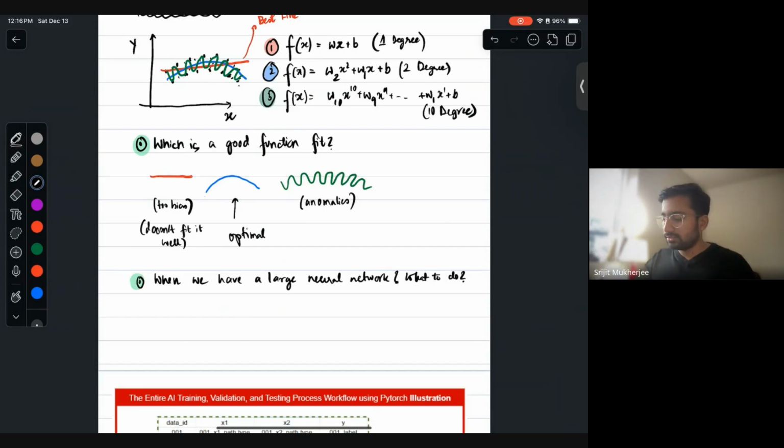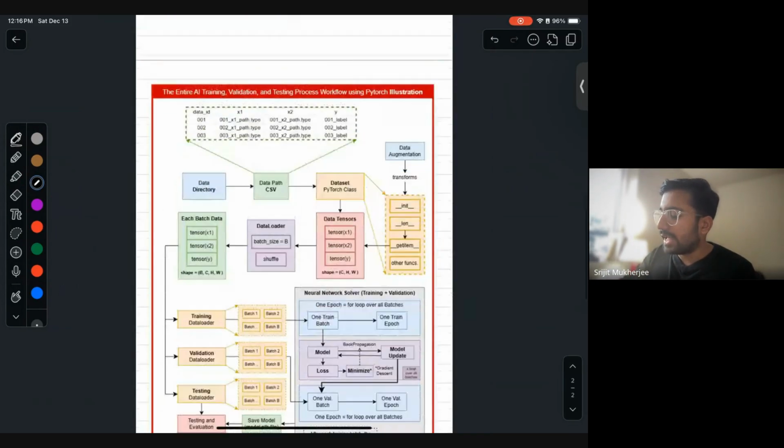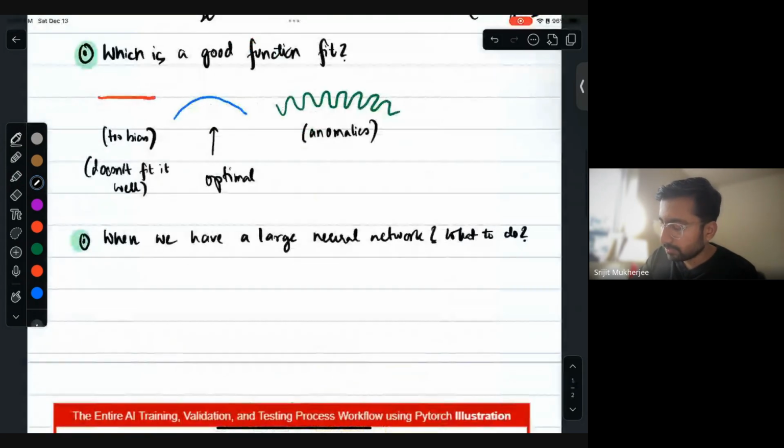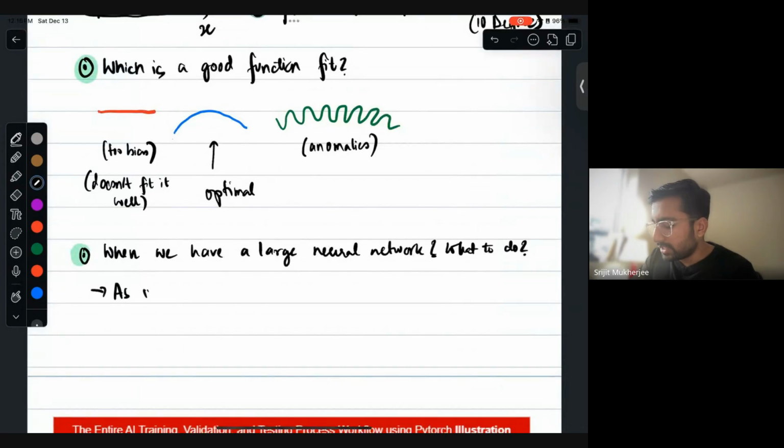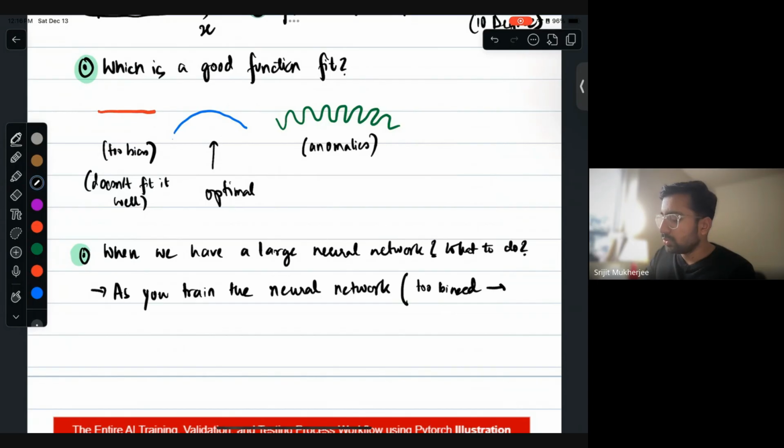So as you train the neural network, you will see that it goes from too biased, to optimal, to high variance. So we call it high bias.